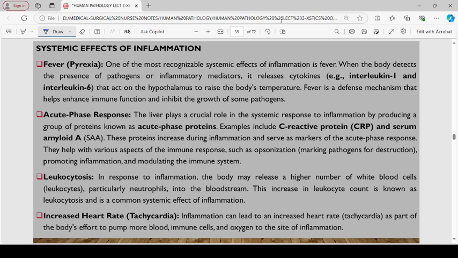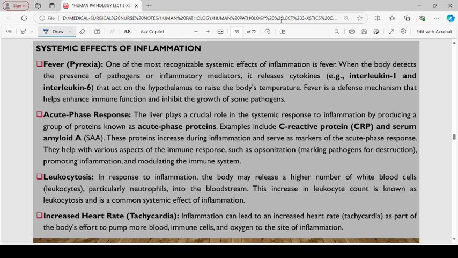So these proteins will increase during inflammation and serve as markers of the acute phase response. They help with various aspects of the immune response, such as opsonization, which simply means marking pathogens for destruction, right? At the same time, promoting inflammation and modulating the immune system.